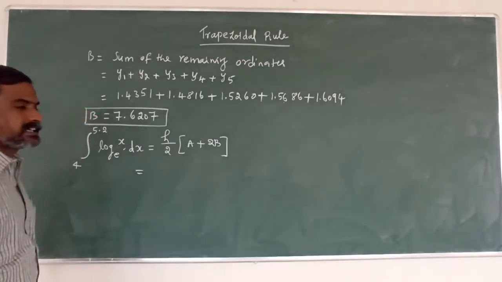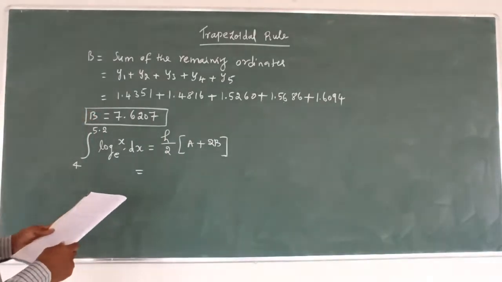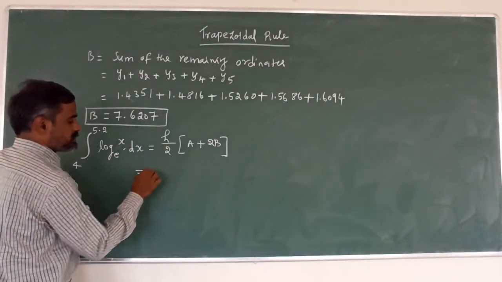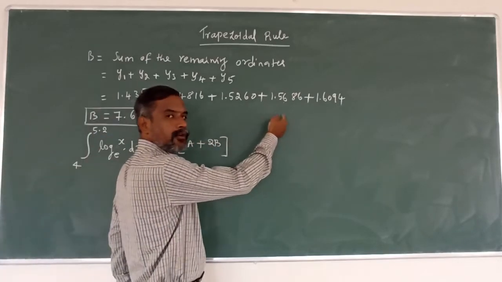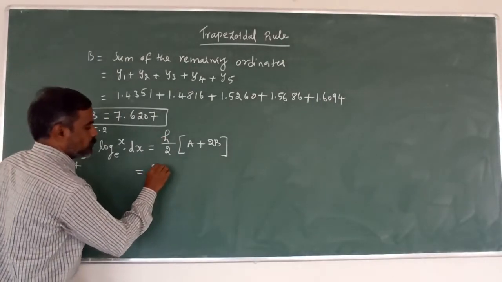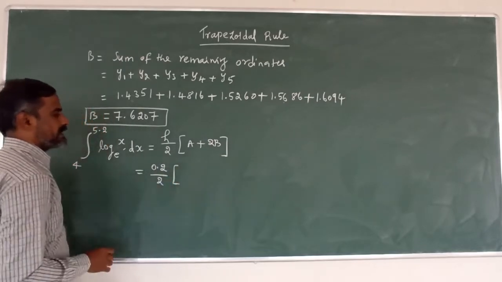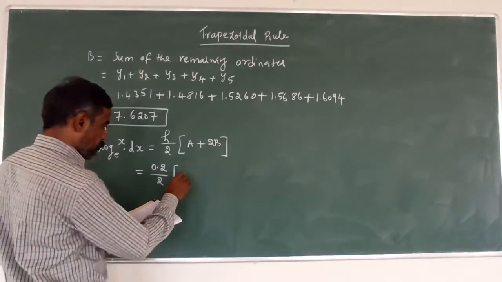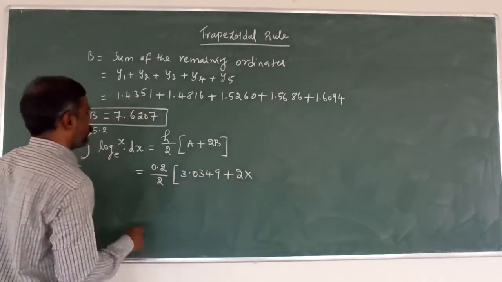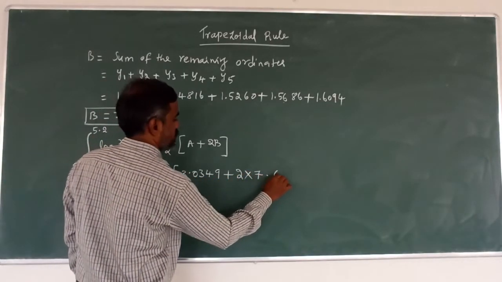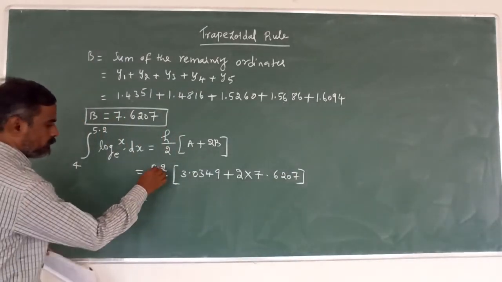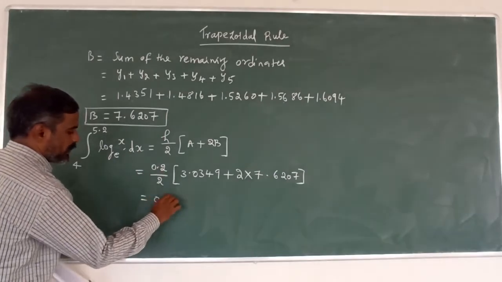The H value is the interval between two x values, here h is 0.2. So it is 0.2 divided by 2 within bracket A value 3.0349 plus 2 into B value 7.6207.